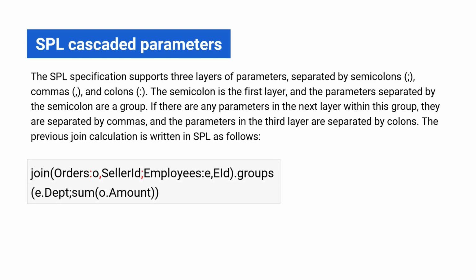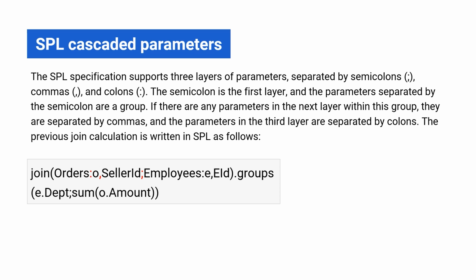The SPL specification supports 3 layers of parameters, separated by semicolons, commas, and colons. The semicolon is the first layer, and the parameters separated by the semicolon are a group. If there are any parameters in the next layer within this group, they are separated by commas, and the parameters in the third layer are separated by colons.